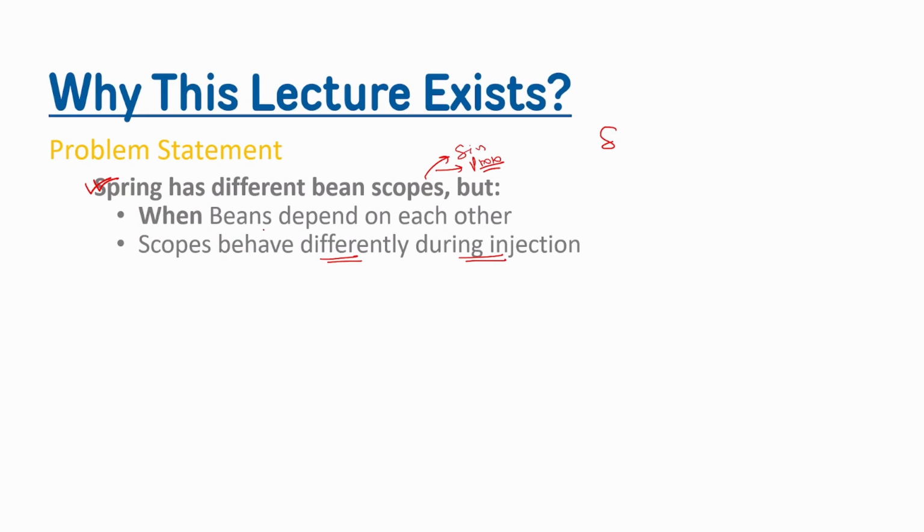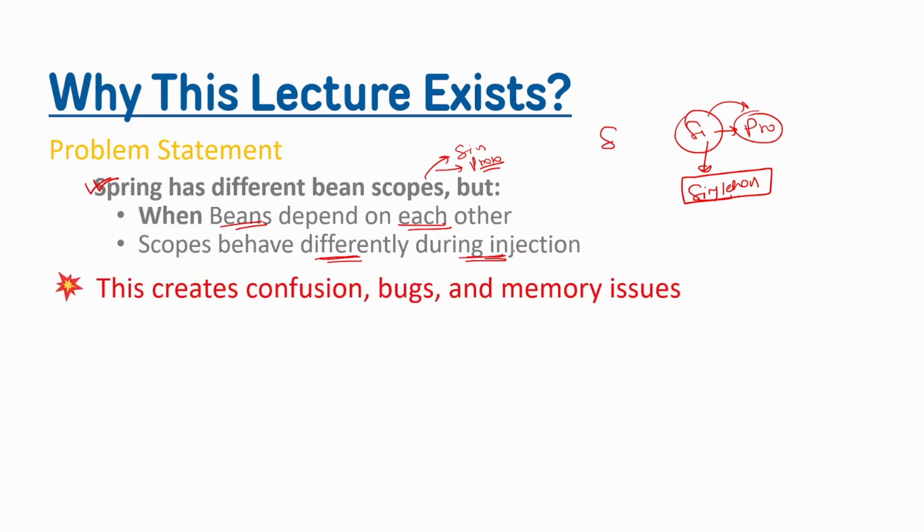But when beans depend on each other, scopes behave differently during injection. For example, when the singleton bean has a dependency on the prototype bean, the scopes behave differently during the injection, and this creates confusion, bugs, and memory issues. That's what we are going to learn in this video.